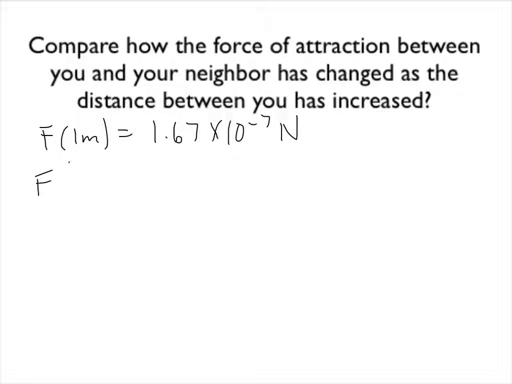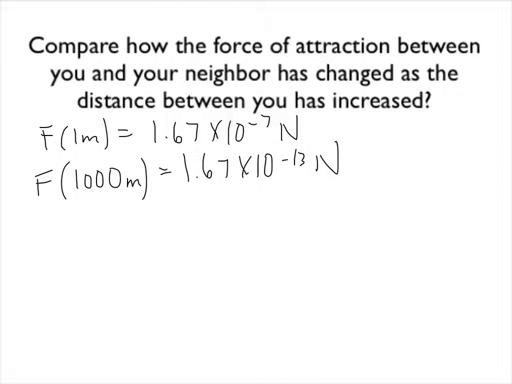And the force when you were 1,000 meters apart was 1.67 times 10 to the negative 13 newtons. And this number has a smaller negative exponent, so this one is not quite as small a value as that other value. So we're going to put that value on top.